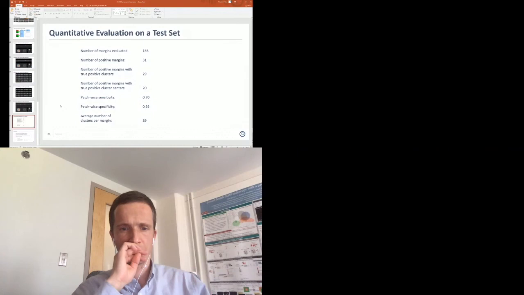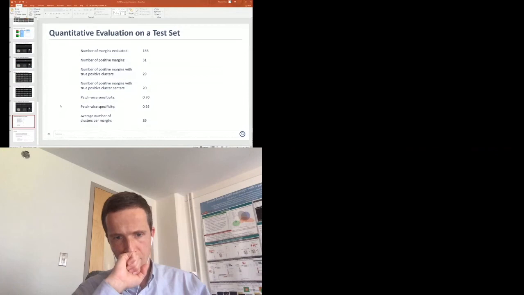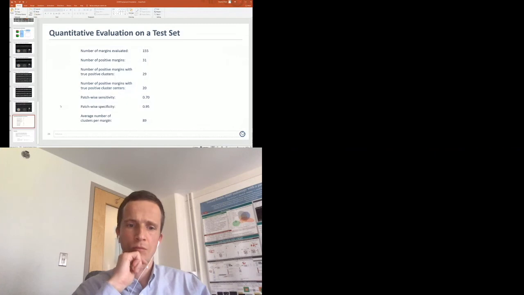On the full test set, the patch-wise sensitivity was about 70% and specificity 95%, and the user had on average around 90 clusters per margin to review. It's indeed quite a bit, but as we are able to feed more data to the algorithm, we hope to reduce the number of false positives in this way.